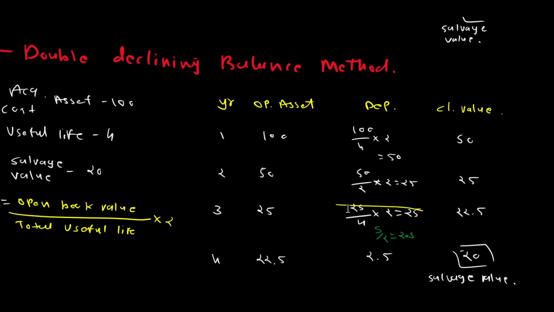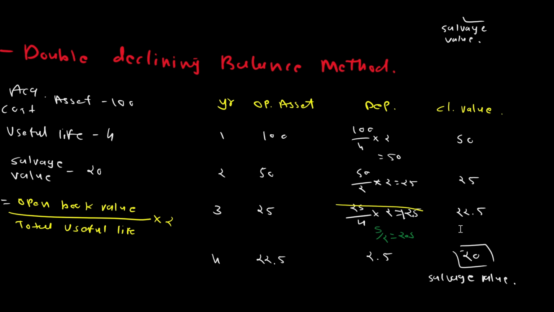In the third year, if I depreciate via this formula, my depreciation will be 12.5, but it will reduce my closing value below my salvage value. So 20 is my salvage value and 25 is my carrying value of the asset. So 5 is my depreciable amount. I decide to spread it out over the 2 years, or I could depreciate in 1 year also.